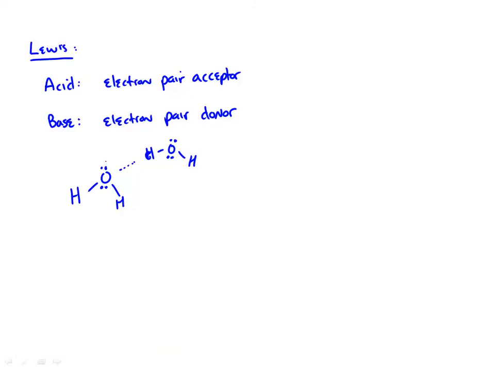If we think about it, this little pair of electrons here is what's going to go and make that bond with hydrogen. And if we think about the pair of electrons that's holding that hydrogen in, that's going to end up on our water molecule when we make it. And so when we take a look at that new molecule, there's the electrons that were accepted. So hydrogen accepts 2 electrons to make a new bond.